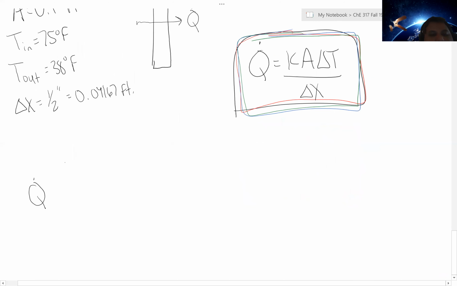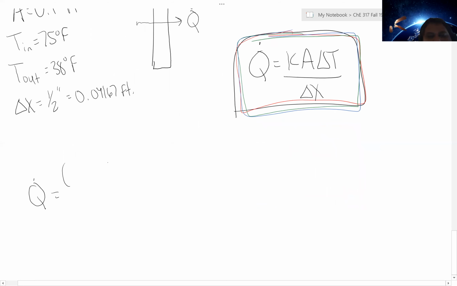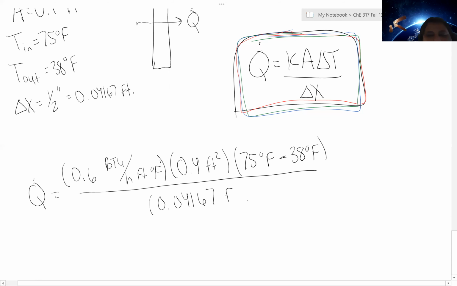So if I were to solve for my heat transfer rate through this window, I would just have to plug in these values, where I have 0.6 BTUs per hour foot degree Fahrenheit times the area of 0.4 square feet times the temperature gradient, or 75 degrees Fahrenheit minus 38 degrees Fahrenheit, divided by the thickness, or 0.04167 feet.